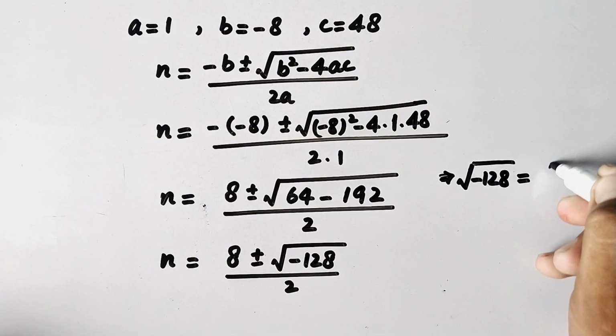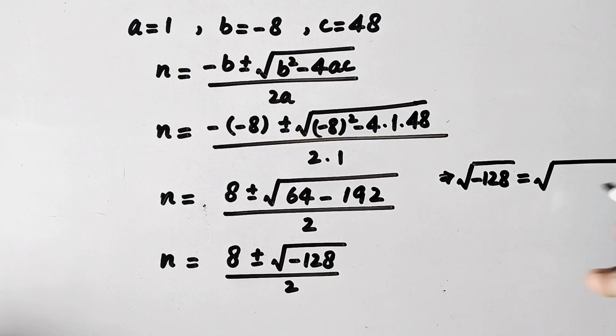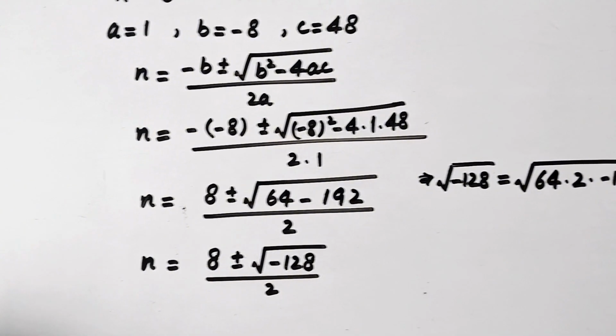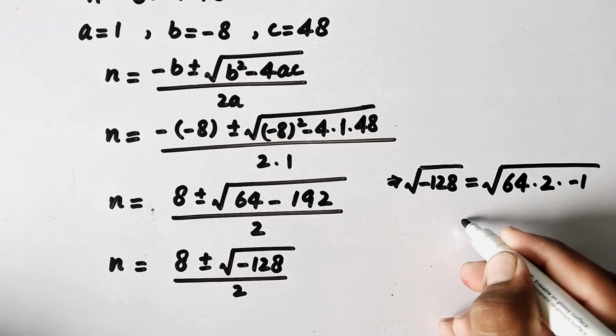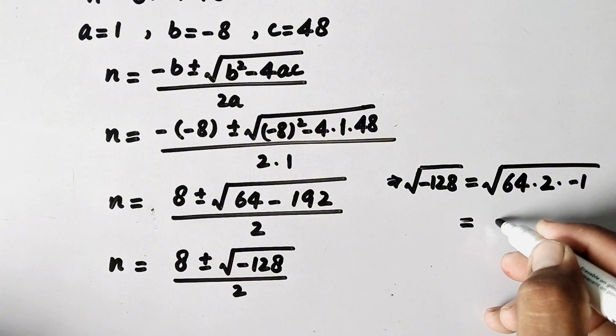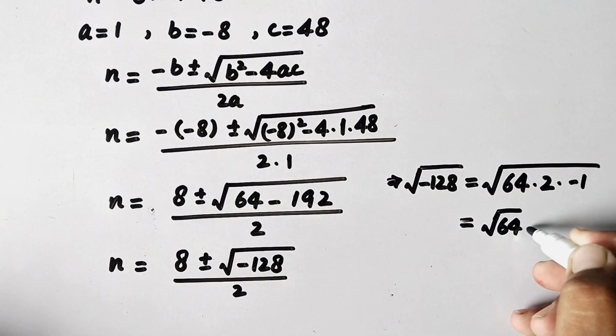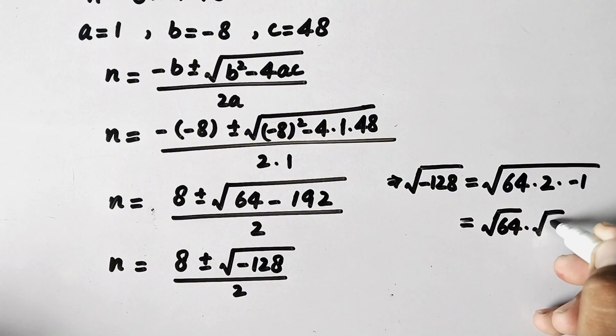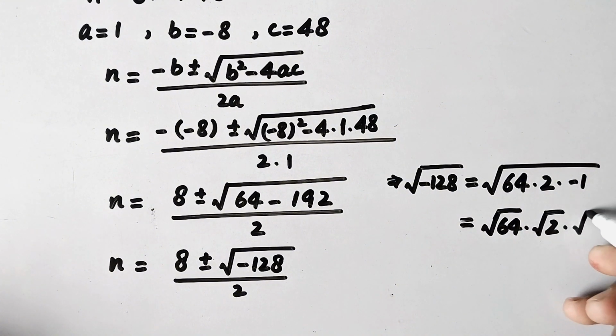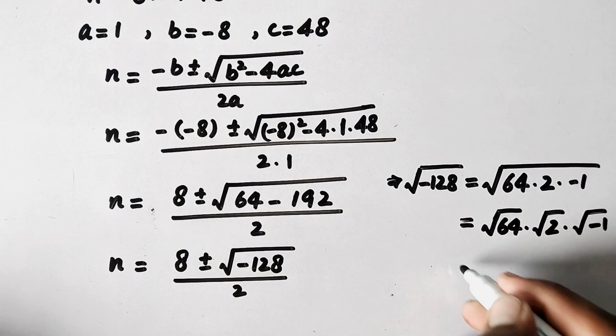It is the same as root of 64 times 2 times negative 1. Now this is equal to root of 64 times root of 2 times root of negative 1.